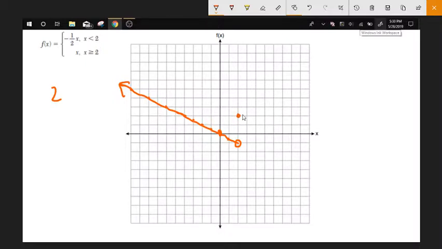This one actually is closed because it's within the domain, because it's the underlined greater than or equal to sign. And then obviously x is 3 at 3, and x is 4 at 4, and we should be able to just notice the pattern of doing this every single time diagonally.